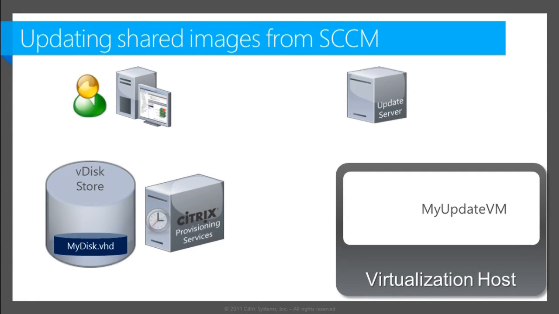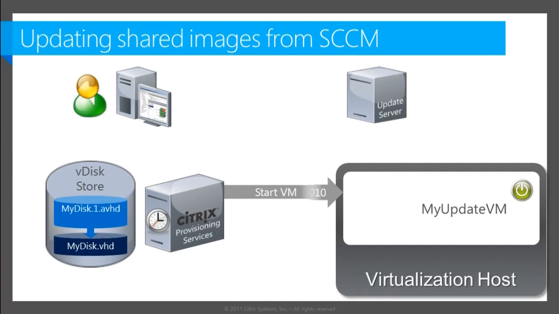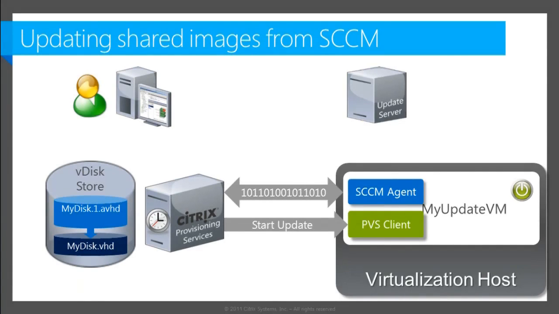So then there's a process that runs periodically that will spin up the master VM, create a new version of that shared image. That'll load our client as well as the SCCM agent. And then we'll send a signal to cause that agent to start its update process.